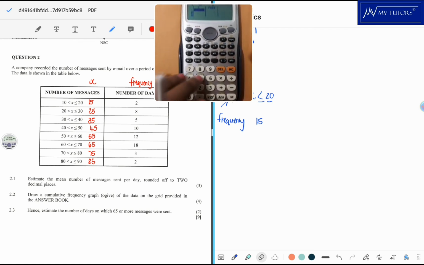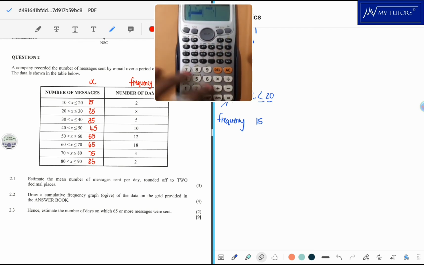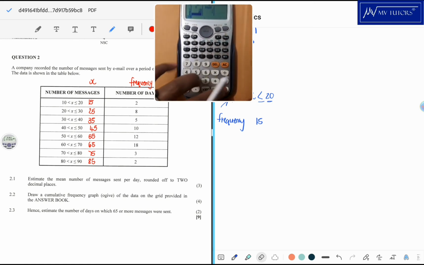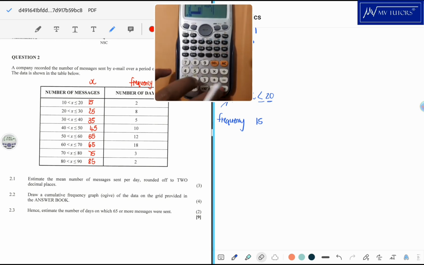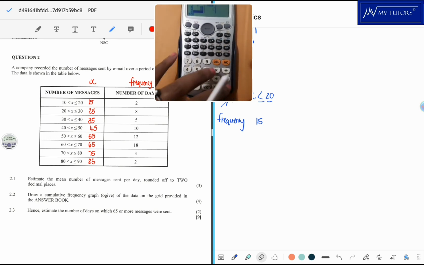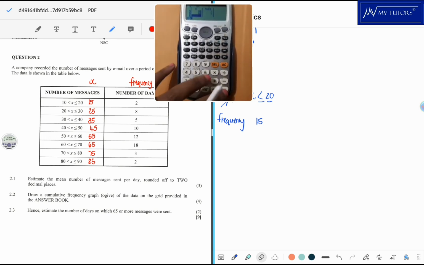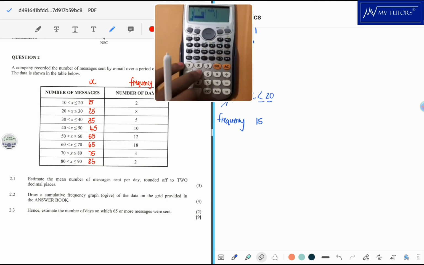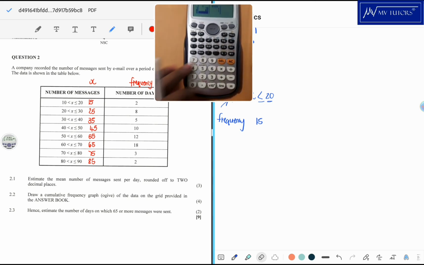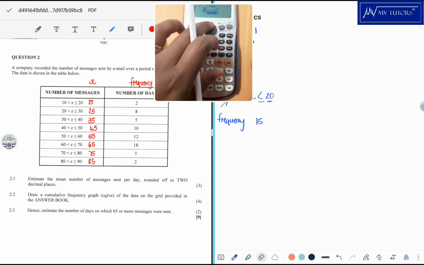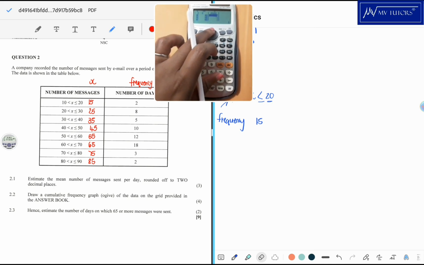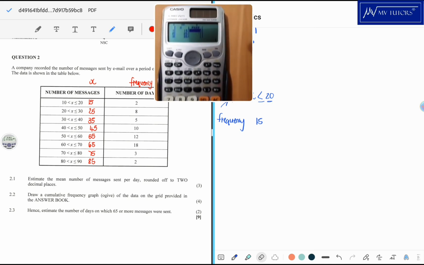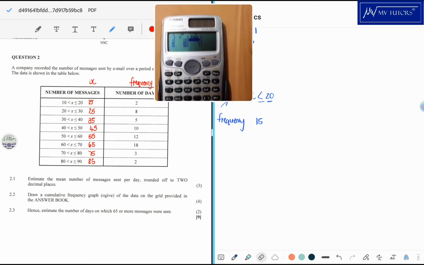So we're going to enter those values: 15, 25, 35, 45, 55, 65, 75, 85. So the first value, I hope you can see, we have 15, 25, 35.